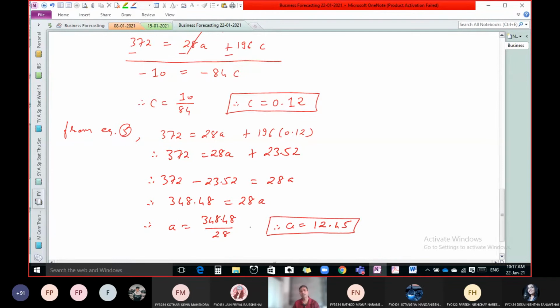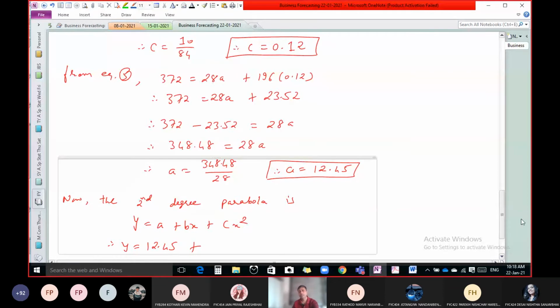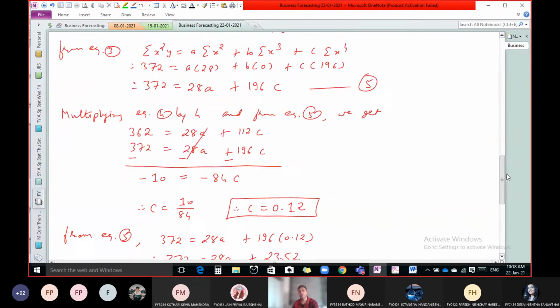So now we have a value of a, b and c. Now use the equation. So now the second degree parabola is y equal to a plus bx plus cx square. Therefore y equal to, substitute all values. A is 12.45, b we already calculated, it is 2.5.